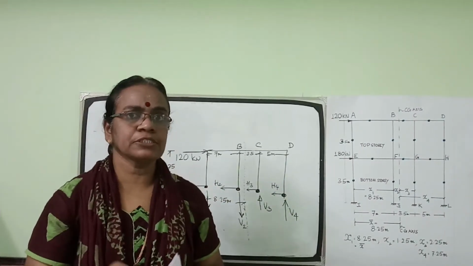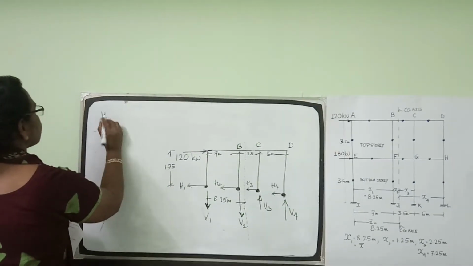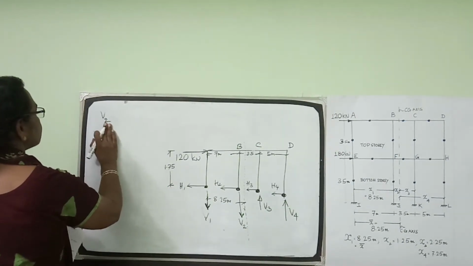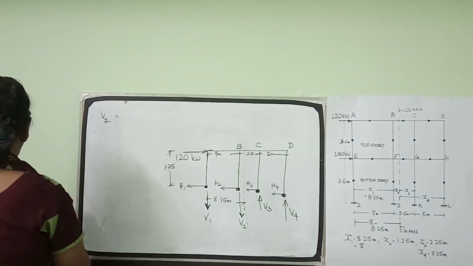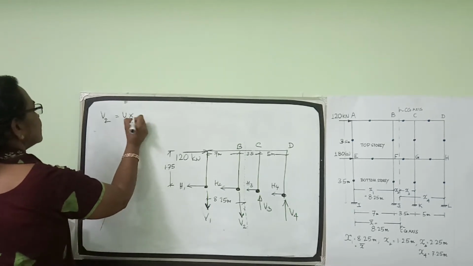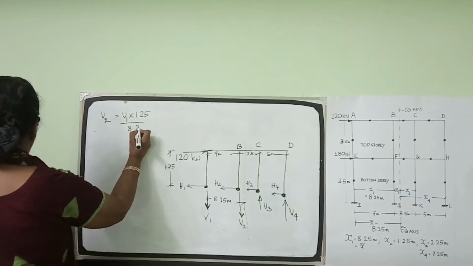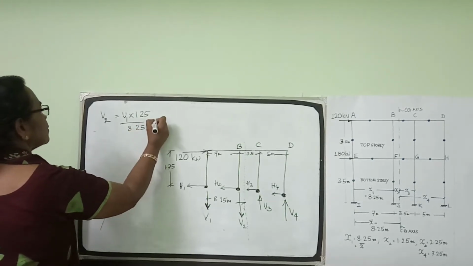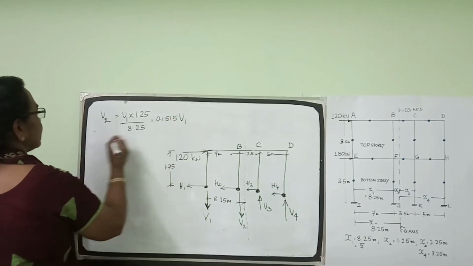Okay, now we have to determine V1, V2, V3, V4. V2 equal to V1 into 1.25 by 8.25, that is 0.1515 V1.